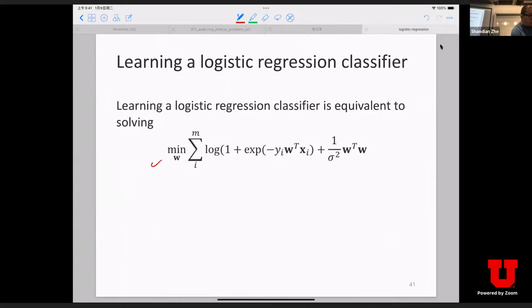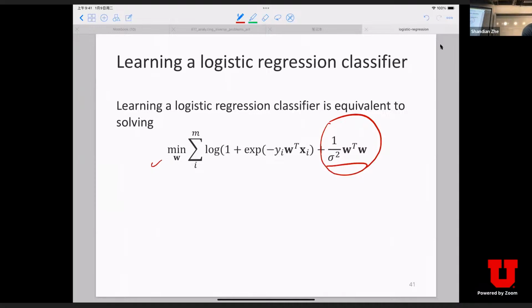Then it becomes our final objective, which is essentially minimizing the summation of the logistic loss over every training example plus the squared norm of the model parameter vector W over some constant sigma square. Compared with maximum likelihood estimation, we have an additional term. This actually corresponds to the regularization term.